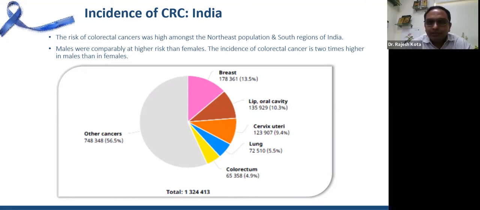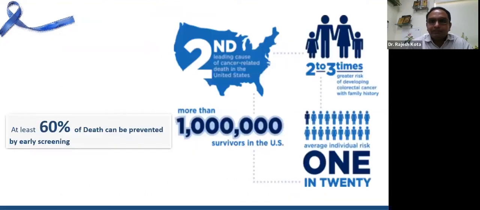Usually around 65 to 70,000 new patients get diagnosed every year, in different stages. The earlier the stage at which we diagnose colorectal cancers, which can be done, and I'll tell you how, the better the chances of survival.